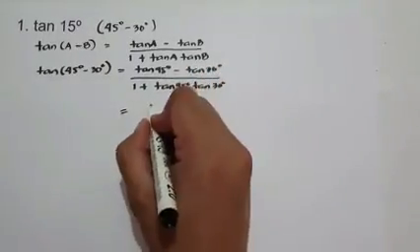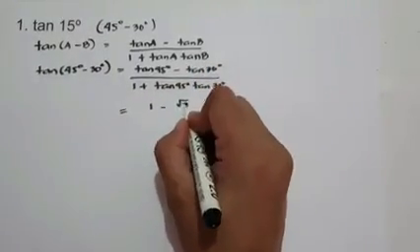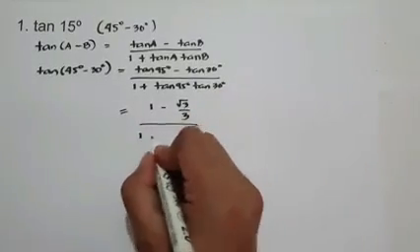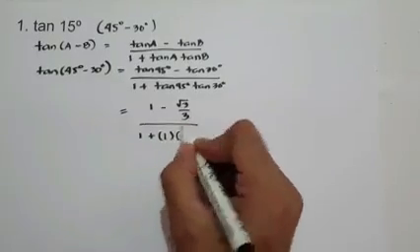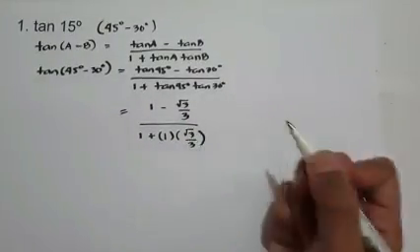Tangent 45 is 1, minus tangent 30 degrees, which is square root of 3 over 3, divided by 1 plus tangent 45, which is 1, times tangent 30, which is square root of 3 over 3.